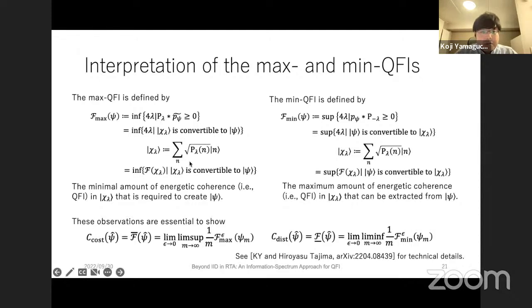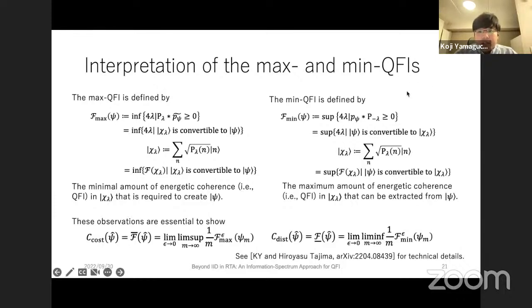Since the variance of the Poisson distribution is lambda and the quantum Fisher information of a pure state is 4 times the variance, we get the expression in the last line. So this means that the maximum quantum Fisher information is the minimum amount of energetic coherence quantified by the quantum Fisher information in chi lambda that is required to create a pure state psi.